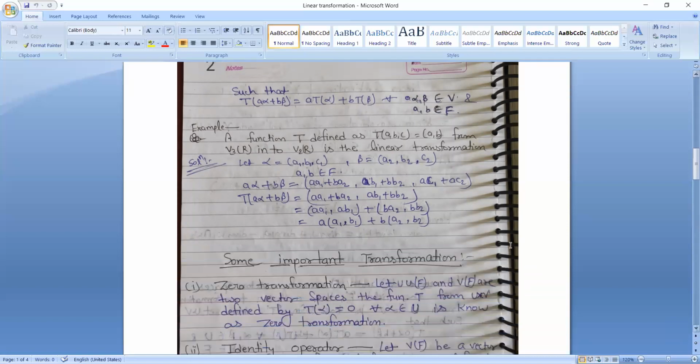A function T defined as T(a, b, c) = (a, b) from V3(R) into V2(R) is a linear transformation.